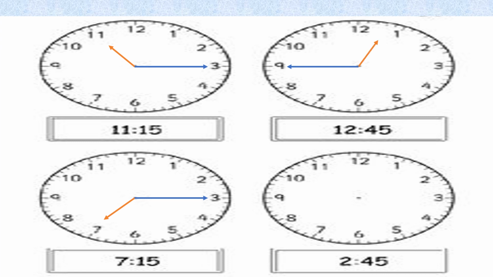It will be closer to number 1 because in just 15 minutes it will be 1 o'clock. In the similar way, when we have to show the time 2:45, so the minutes hand will be pointed towards number 9, but the hour hand will be beyond number 2. It will be very close to number 3.